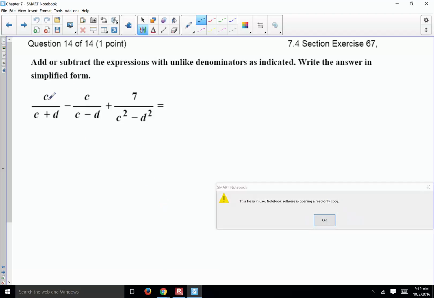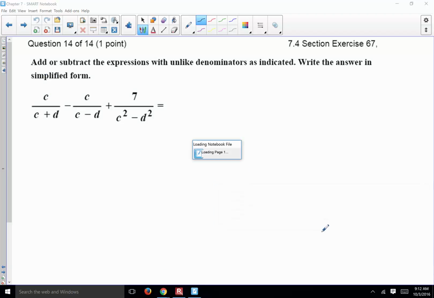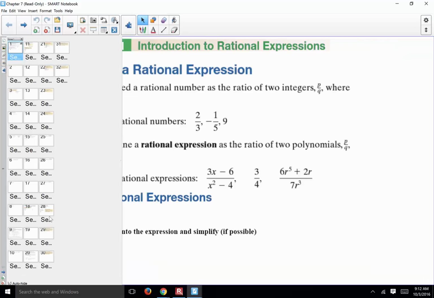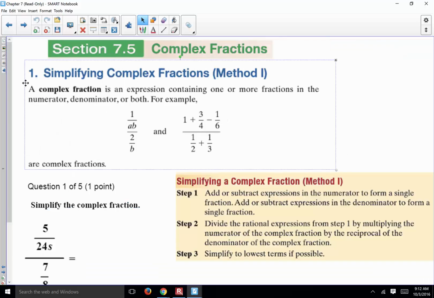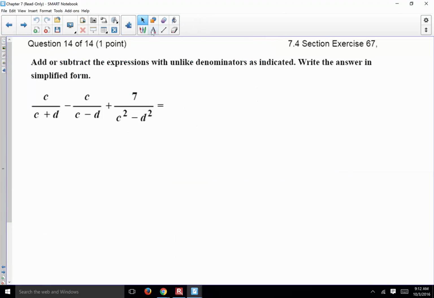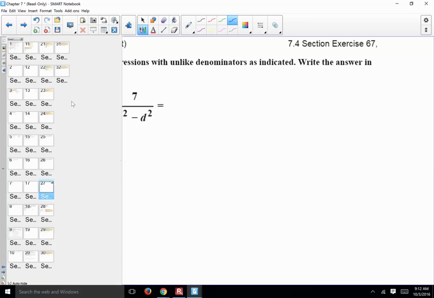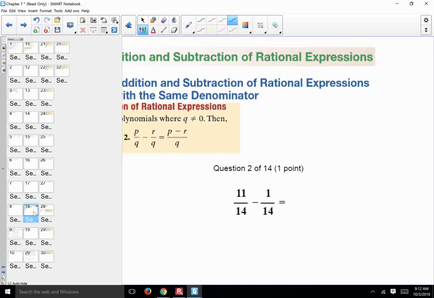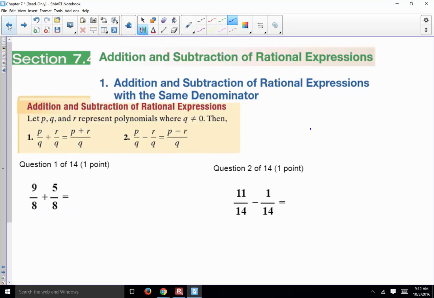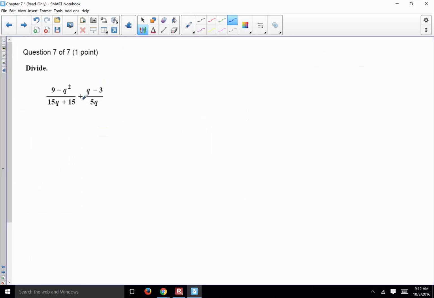Again, on Friday, the last thing we did was problem number 14. It's addition and subtraction of fractions. And before addition and subtraction of fractions, we have investigated division of them, right?